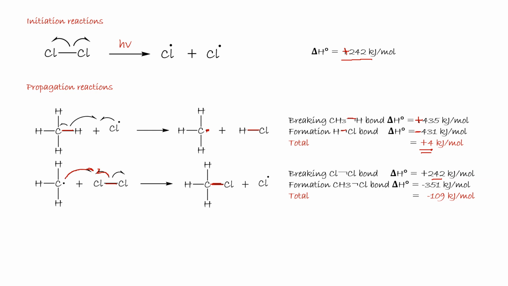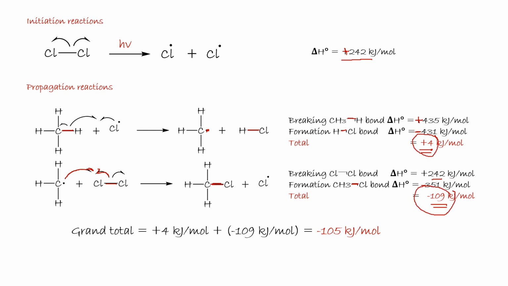For the formation of carbon-Cl in chloromethane, we give out energy, minus 351 kilojoule per mole, so the total is minus 109 kilojoule per mole. For the whole reaction, it will be plus 4 minus 109, which is minus 105, and the overall reaction is exothermic.